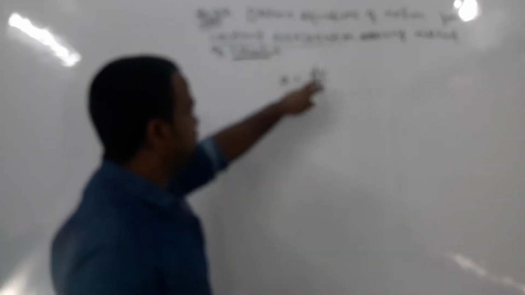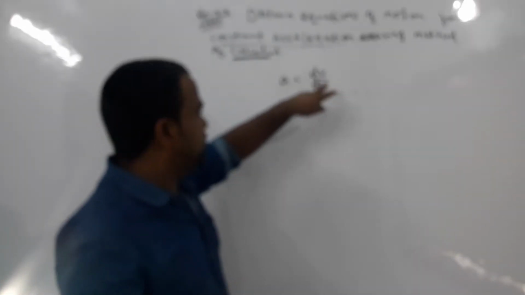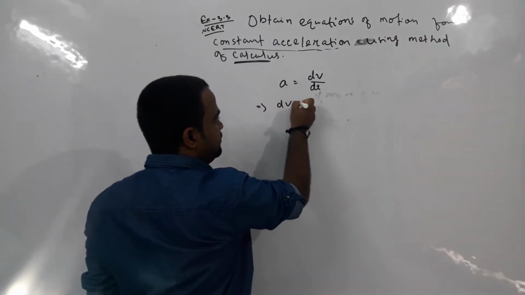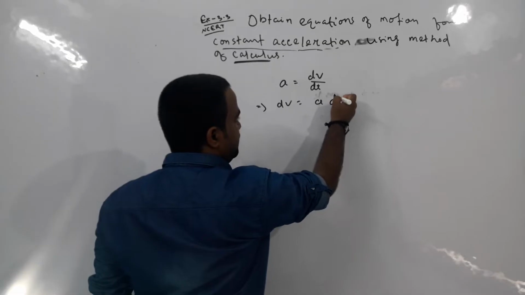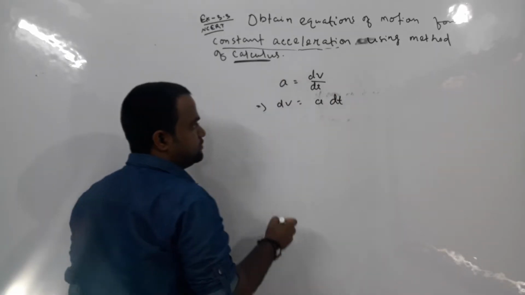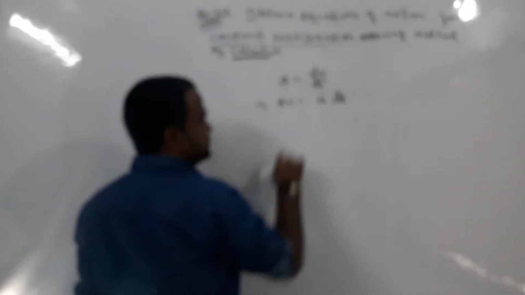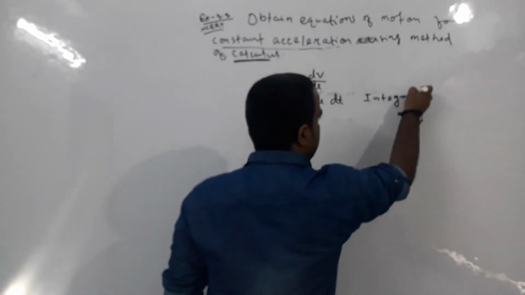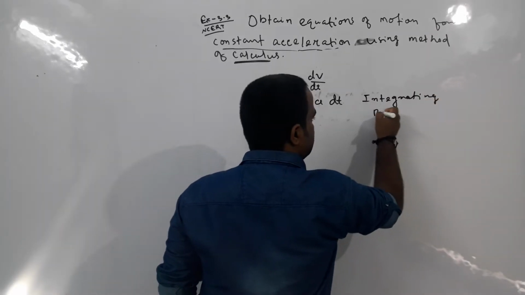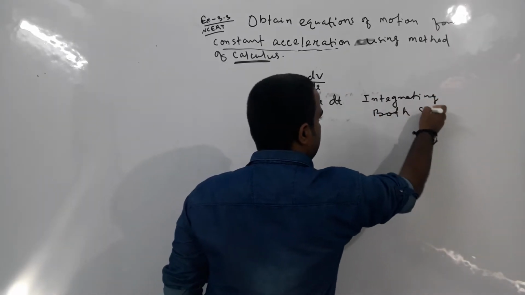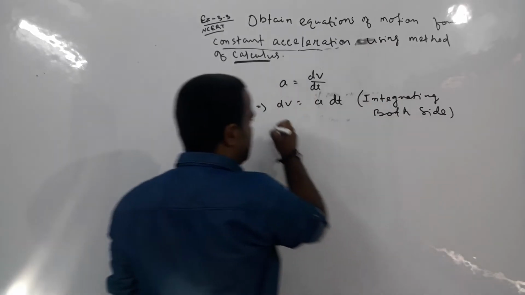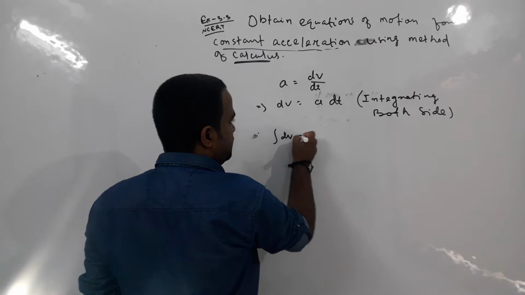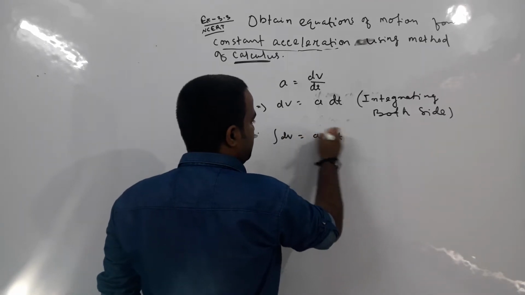a is equal to the differentiation of velocity. So we can write dv is equal to a dt by cross multiplication. Now integrating both sides, a dt.